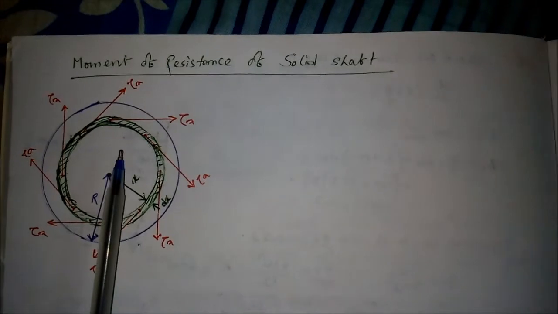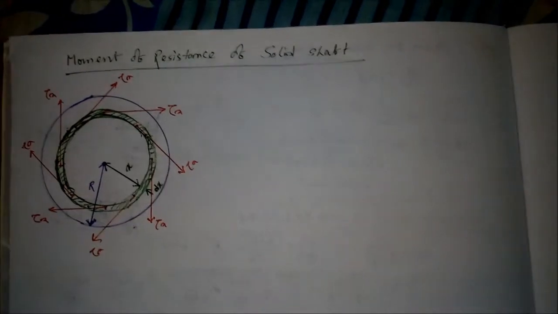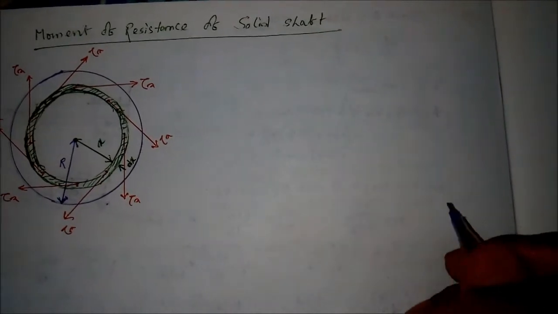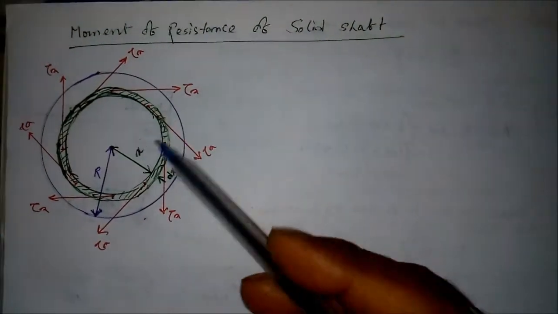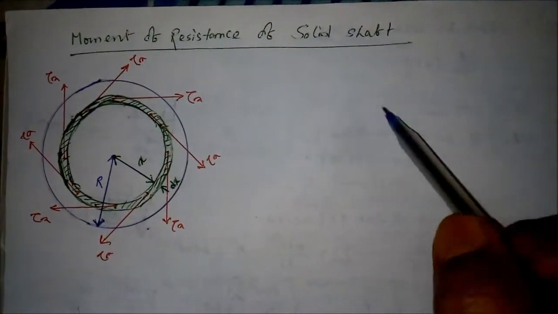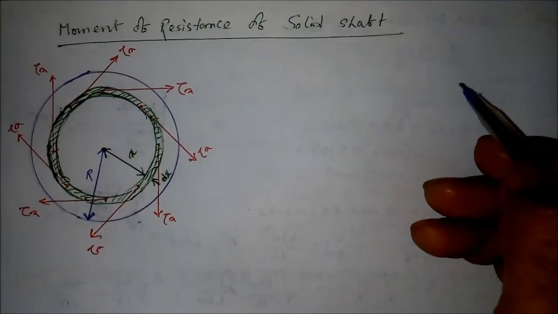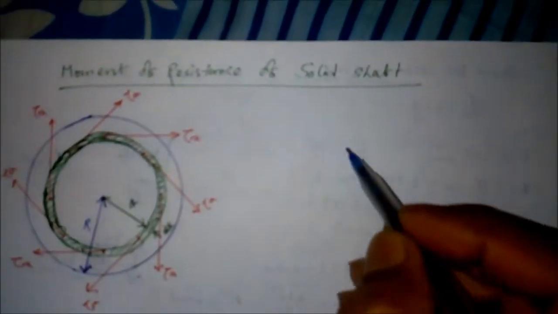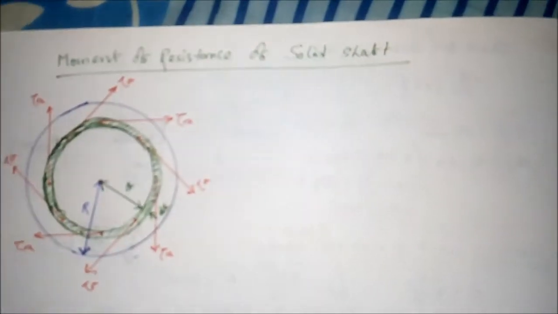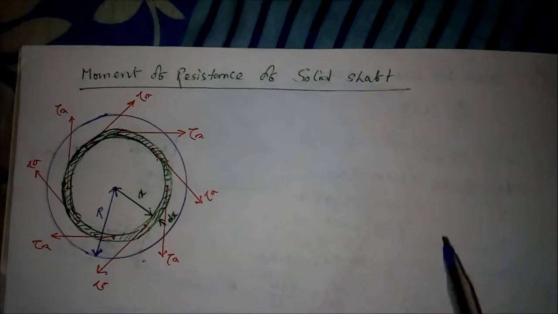Now let us find out what will be the shear resistance offered by this particular element. If we consider this element only, and this is the shear stress, what will be the shear resistance? Shear resistance will be the shear stress multiplied by the area, right?